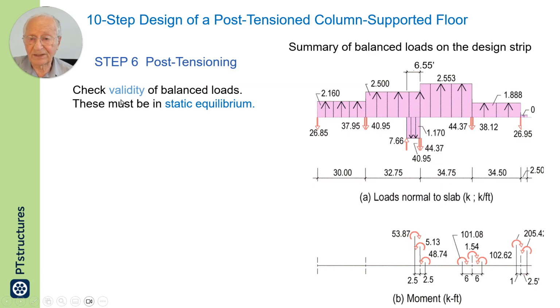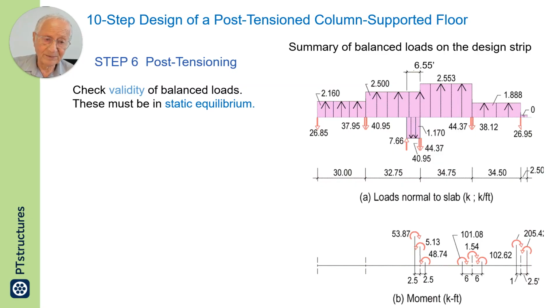We have to check the validity of the balance loads to make sure that we haven't made a mistake. The check will be by static equilibrium. The post-tensioning forces, or the forces that post-tensioning applies to a member, is always in equilibrium.